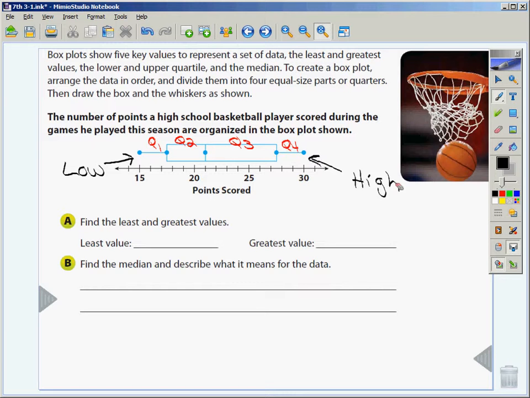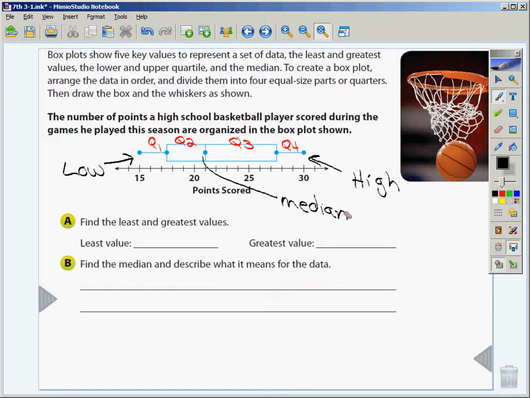What does this point that's between Q2 and Q3 represent? It's the median. In other words, it's the actual center of my data. Does that mean that 21 was part of my data? Yes or no?